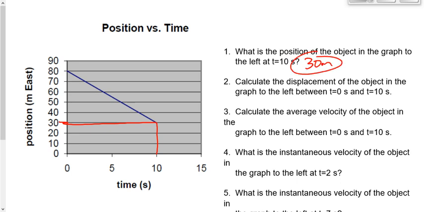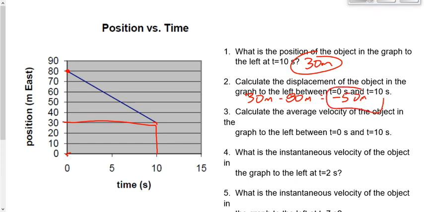What's the displacement between 0 and 10 seconds? Well, my position at 0 is 80 meters, and at 10 seconds it's 30 meters. So the displacement will be 30 meters minus 80 meters, which is negative 50 meters.